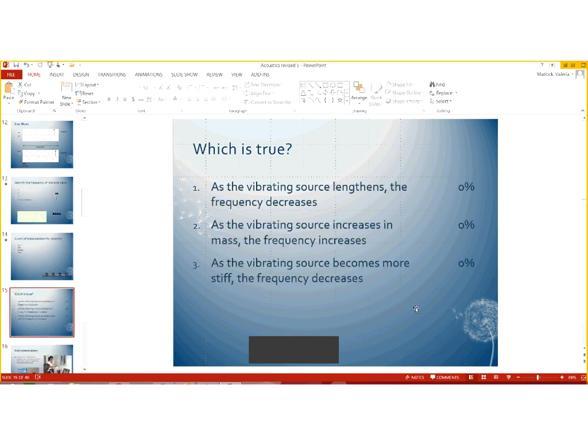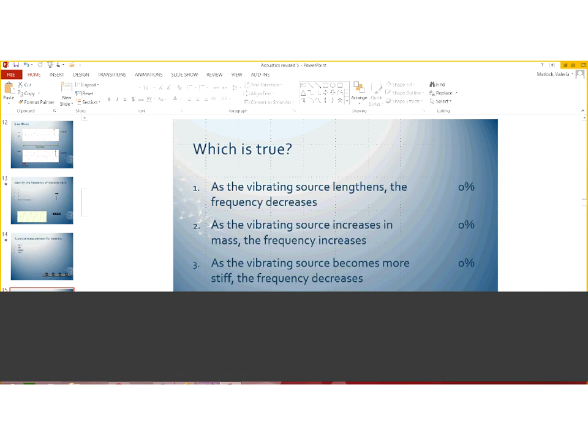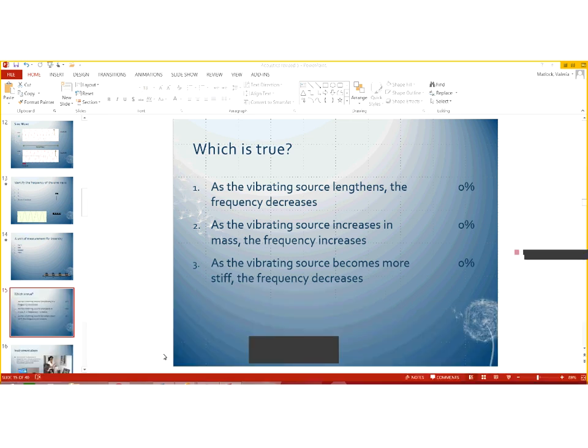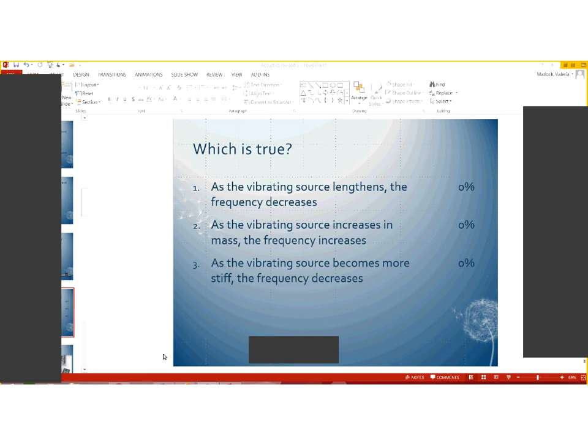Which is true? A, as the vibrating source lengthens, the frequency decreases; or B, as the vibrating source increases in mass, the frequency increases; or C, as the vibrating source becomes more stiff, the frequency decreases. Which one?